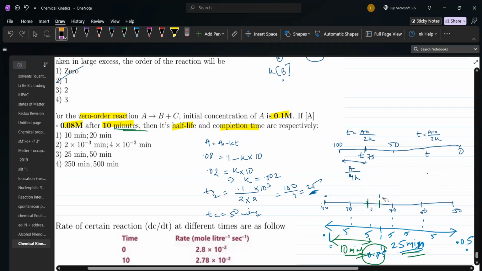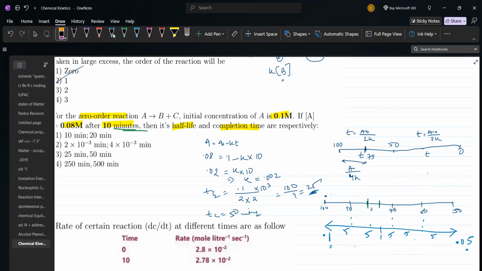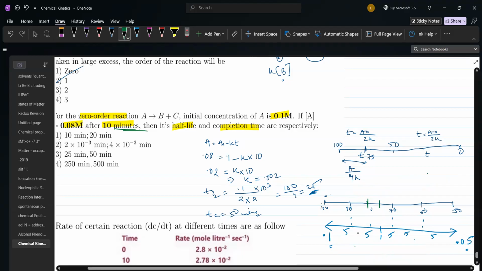Or if you want to look in this way, every 5 minutes, sorry, not 5, 10, this is divided into 0.1. This interval is 0.1 minus 0.05 upon 5, this interval.